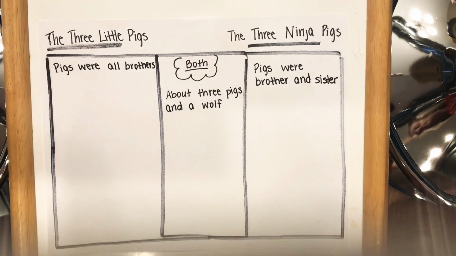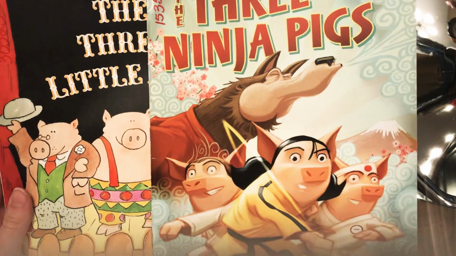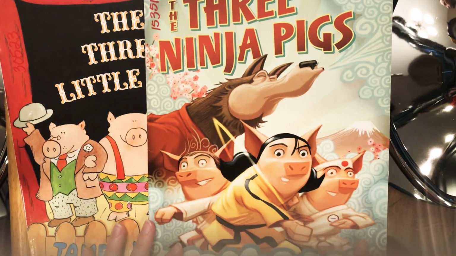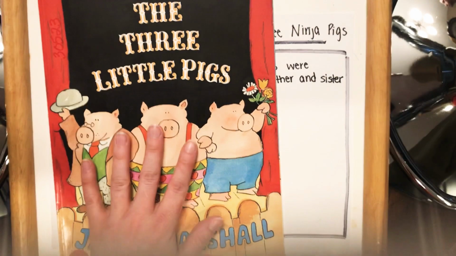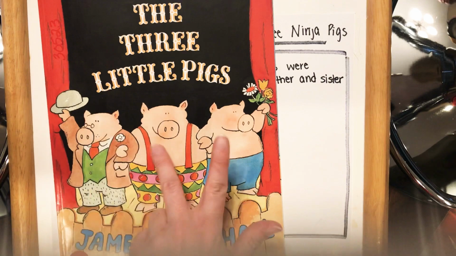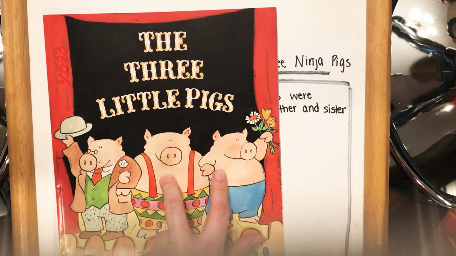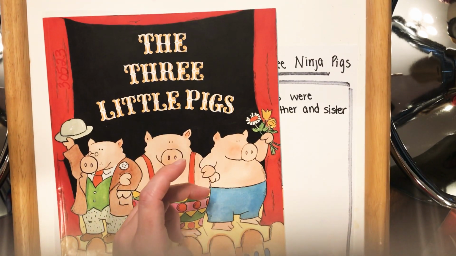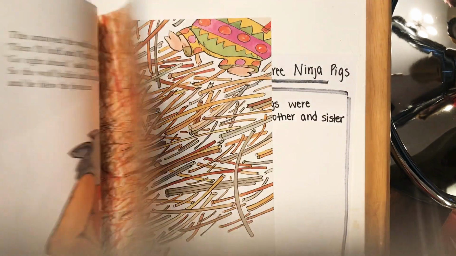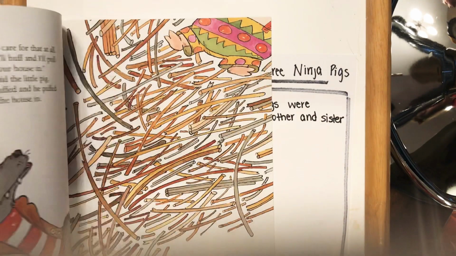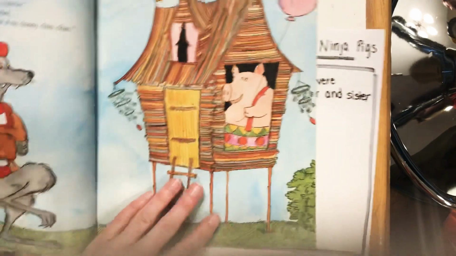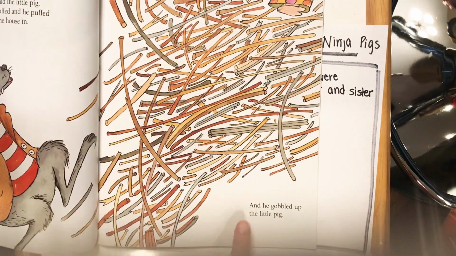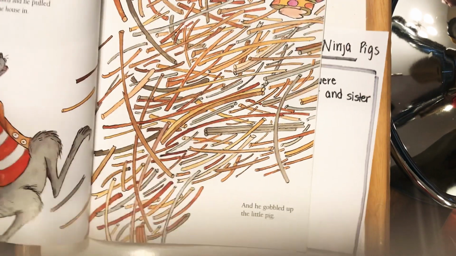Something else I remember in these two stories was some details about the wolf. In this book, in The Three Little Pigs, the wolf ate two of the brothers. It doesn't show the wolf eating those two pigs, but we kind of get that from the words that the author uses, when he says that the wolf gobbled up the little pig.